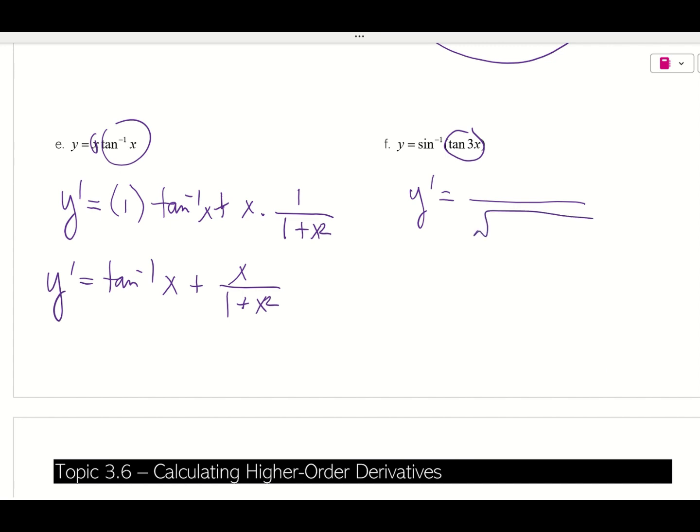So that's going to go on the bottom as 1 minus tan squared of 3x. And then what goes on top would be the derivative of my u, and the derivative of tan is secant squared 3x. And then there's another chain where we have to do the 3, so then the 3 just goes beside it. And then that's my answer.